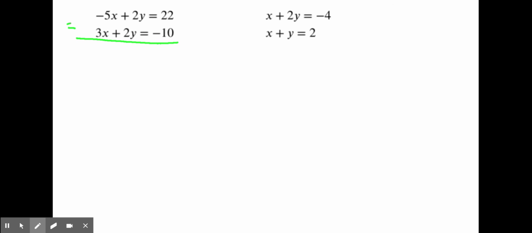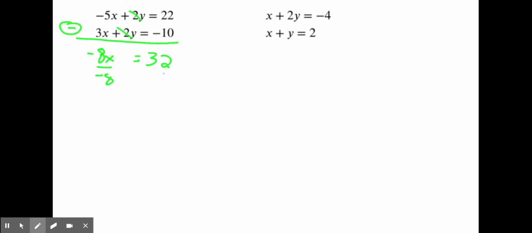We're going to use subtraction, right? Be careful with subtraction. -5x minus 3x is -8x. 2y minus 2y becomes 0. We eliminated the y's. And 22 minus a -10. What is 22 minus a -10? It's 32, right? Minus a negative would become plus.